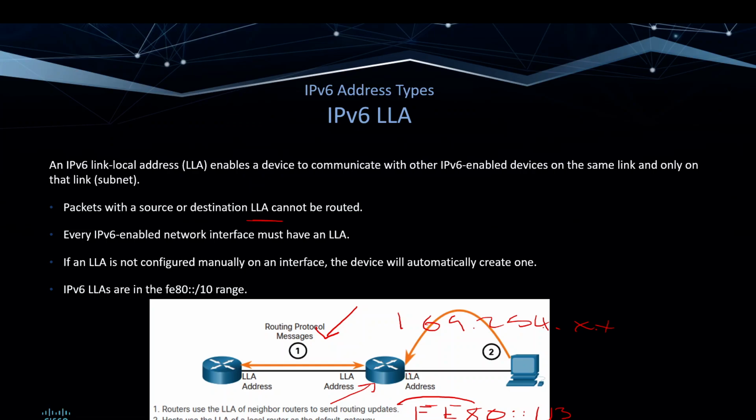We could even come to this other interface and give it the same IPv6 address, for example FE80::1. Same router, different interface, we could give it the exact same IPv6 address and no problem, because this IPv6 address only means something to the local link. It means something only on this link, and this one means something only to the other link.